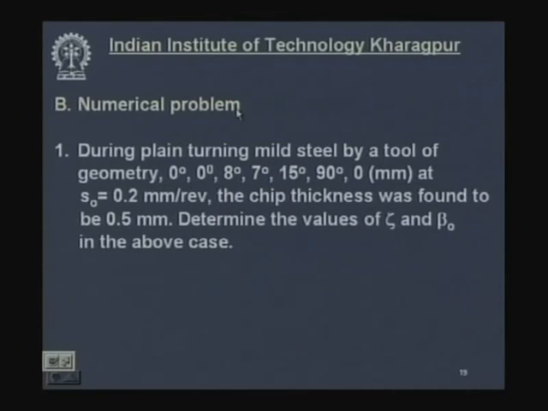Now, let us have another question, a numerical problem. During plane turning of a mild steel rod by a tool of given geometry, look at the geometry very carefully. If the nose radius is given in millimeter, that means it is by no means the ASA system.